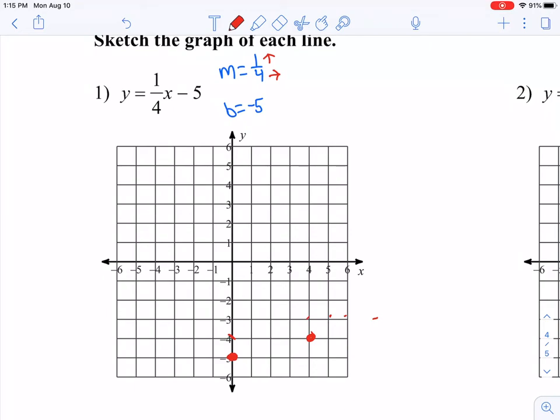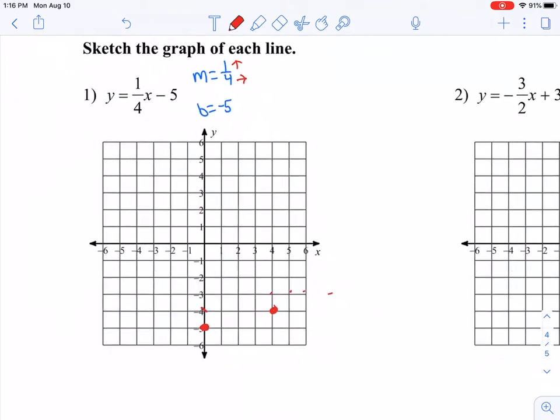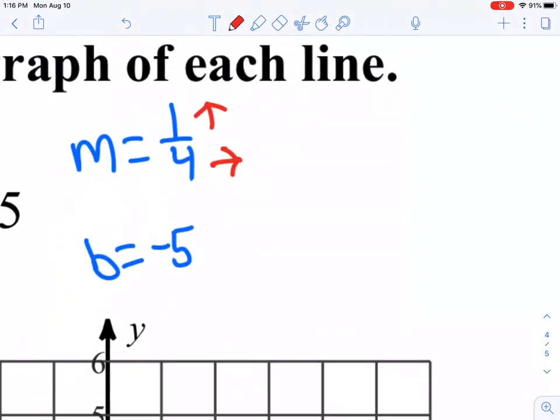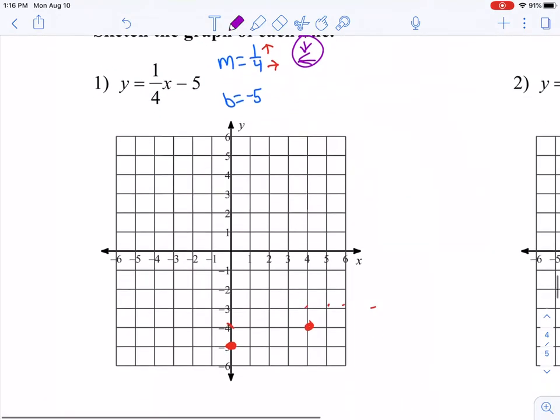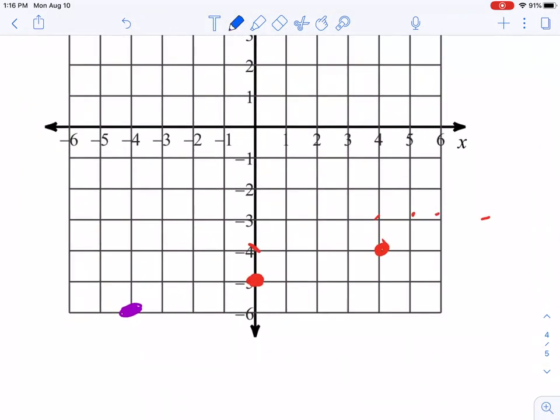Now here's where I was telling you sometimes we can go left. We can also do the exact opposite. So I'm going to show you in purple. The exact opposite of up is down and right is left. So here's my exact opposite. If I move down 1 and left 4, I get a point here, and that point, I'll use a line in blue here.